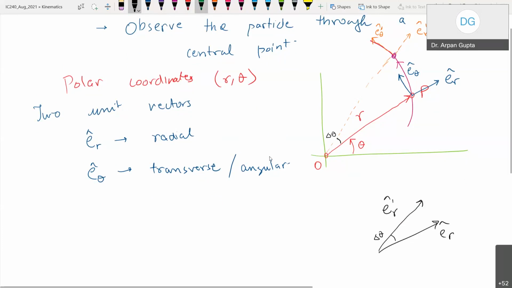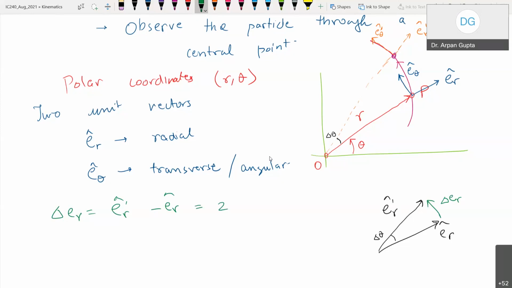Now, again, following the same analysis that we did in the last class, this vector is your delta er, change in er. So delta er is equal to er cap prime minus er cap. And this thing, from the geometry, was 2 r sine delta theta by 2. In fact, this has a length 1, so this is just 2 times sine delta theta by 2.